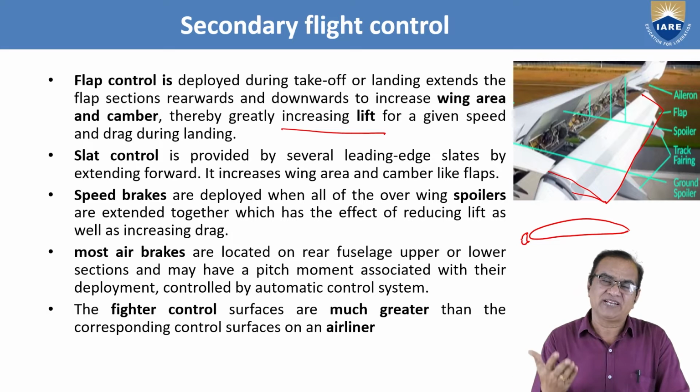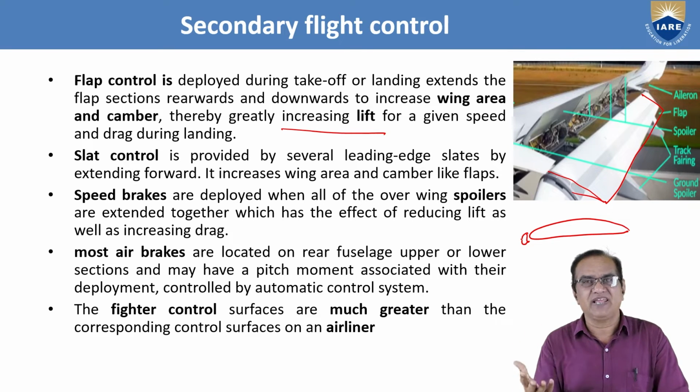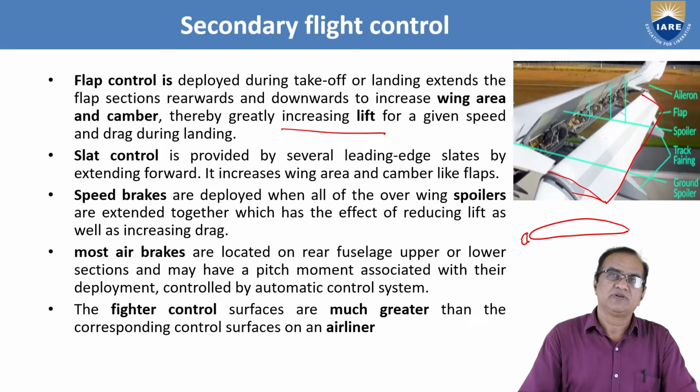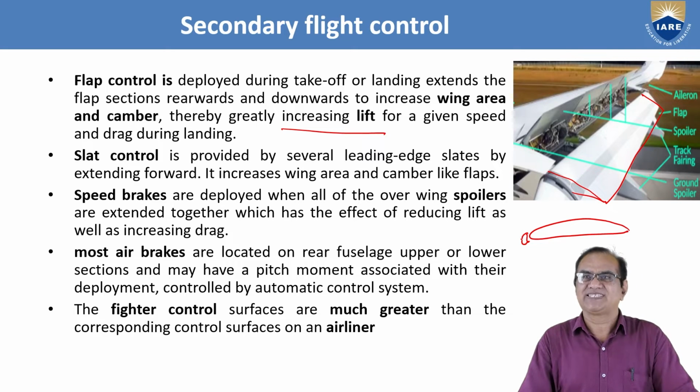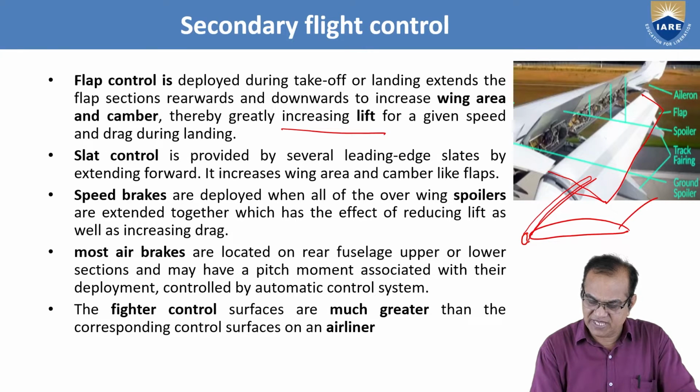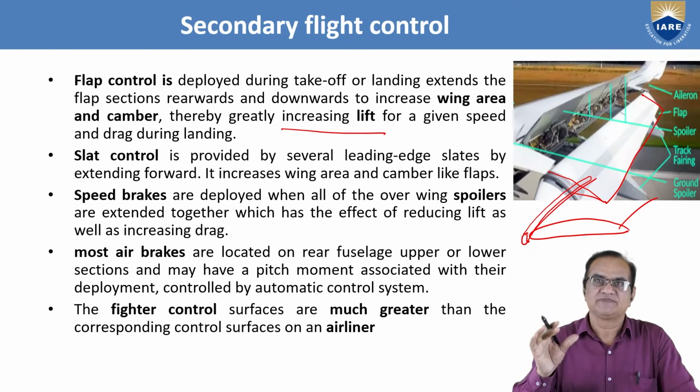Either the primary or the secondary flight control, all has to be operated by automatic control or the autopilot, or manually by the pilot. So slat control is provided by several leading edge slats extending forward, from here to here, not only in one place.